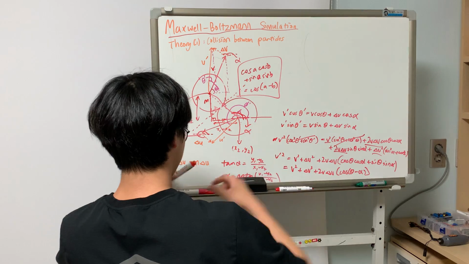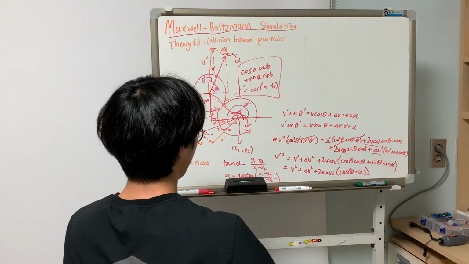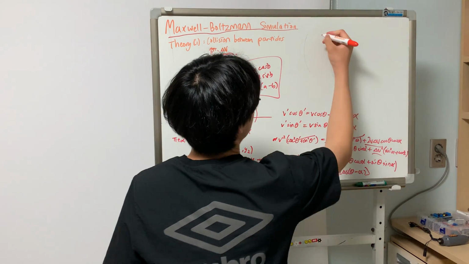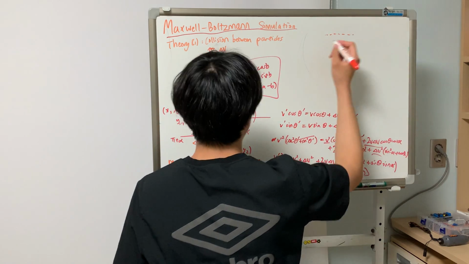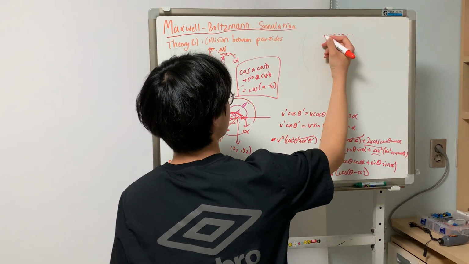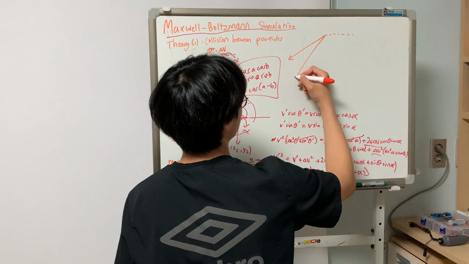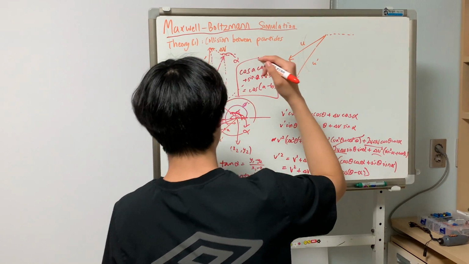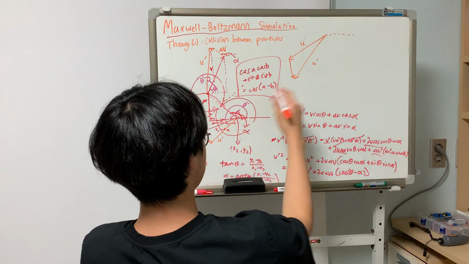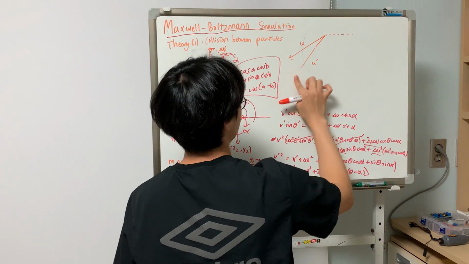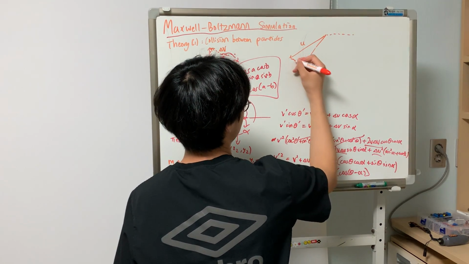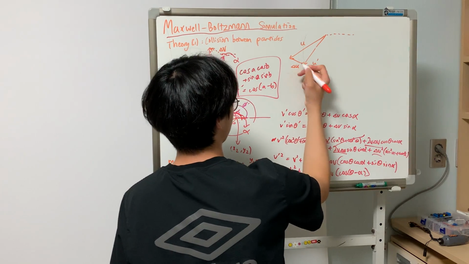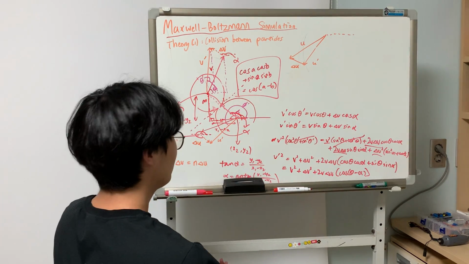Using a different color for diagrams, we have the horizontal axis, the original u, the new u prime, and delta u. It's a bit different, but the direction doesn't really matter, it could be anything.